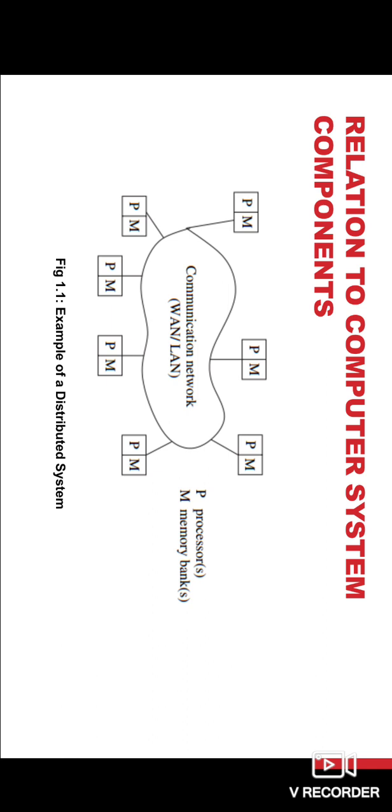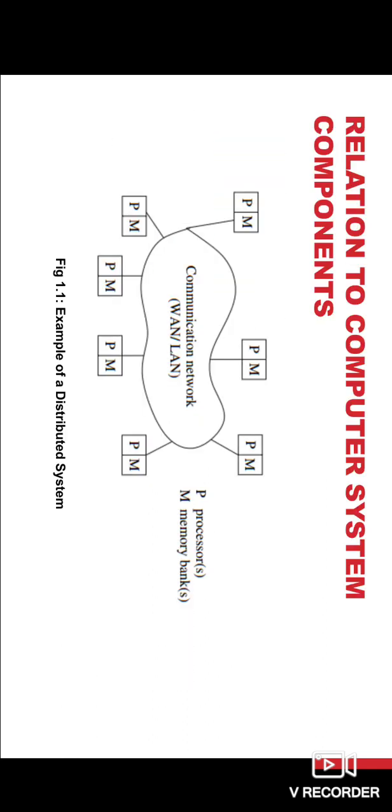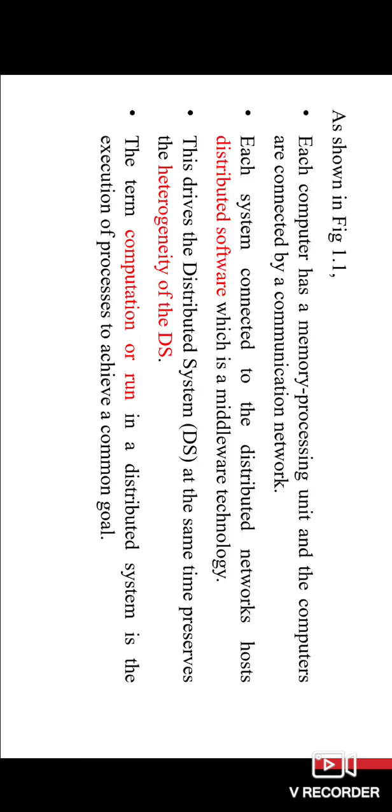The relationship between the computer system components and the distributed system: each computer has a memory unit and a processing unit. All the computers are connected with one another through a network. The network may be a WAN or a LAN.